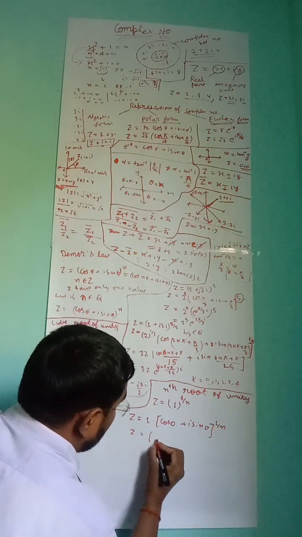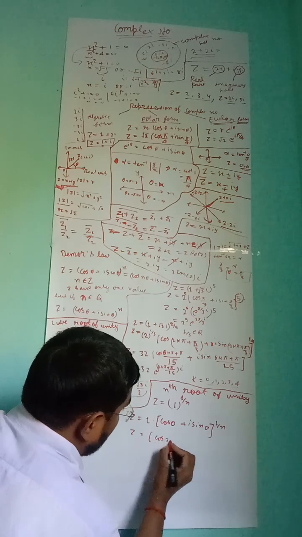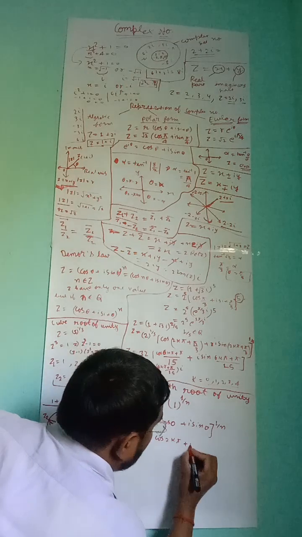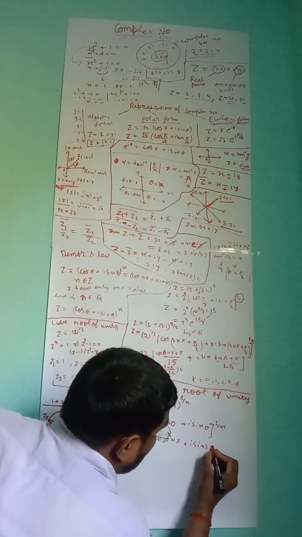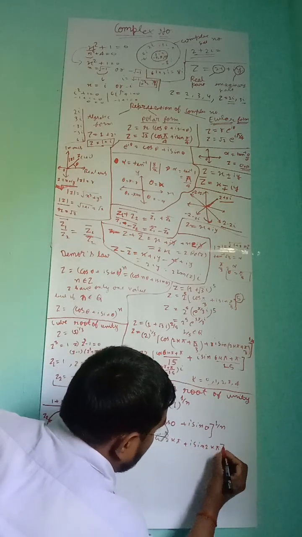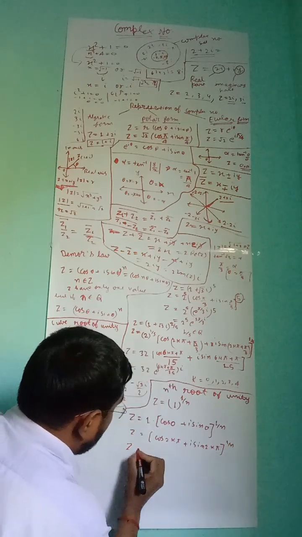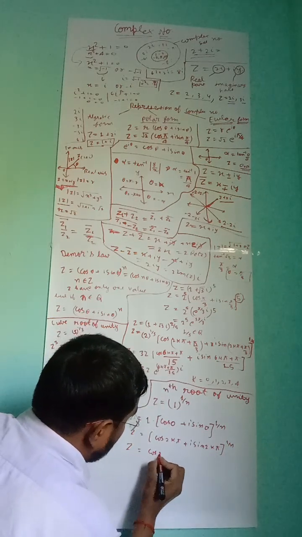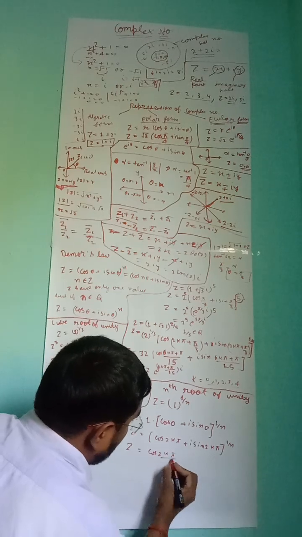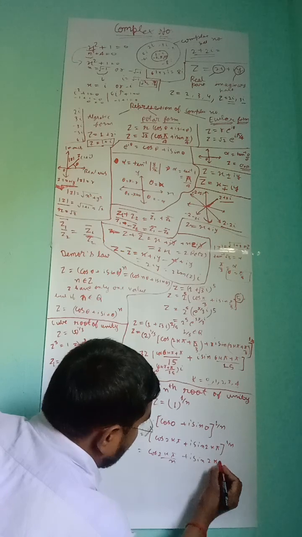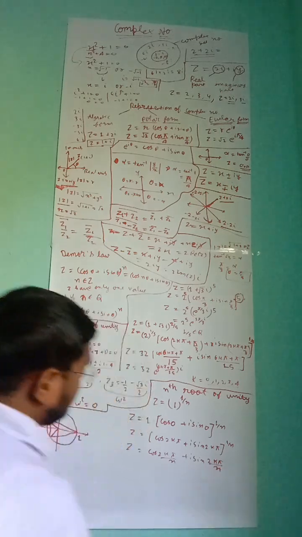Z is equal to (cos 2kπ plus i sin 2kπ) power 1 by n. So Z is equal to cos 2kπ by n plus i sin 2kπ by n.